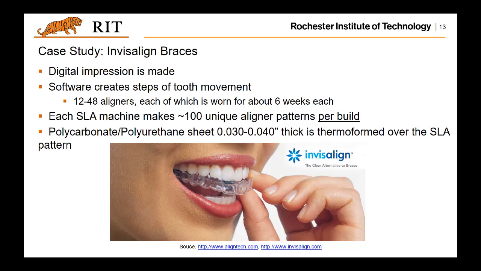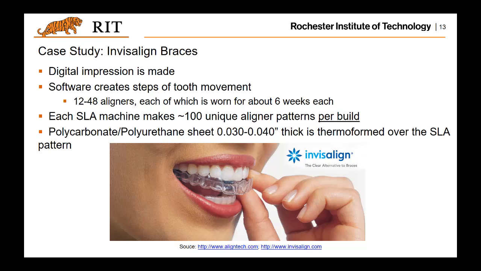That means you need to keep changing the aligners as your teeth movement progresses. Basically, this transparent teeth aligner is manufactured using stereolithography machines, and it makes around 100 unique aligners per build.